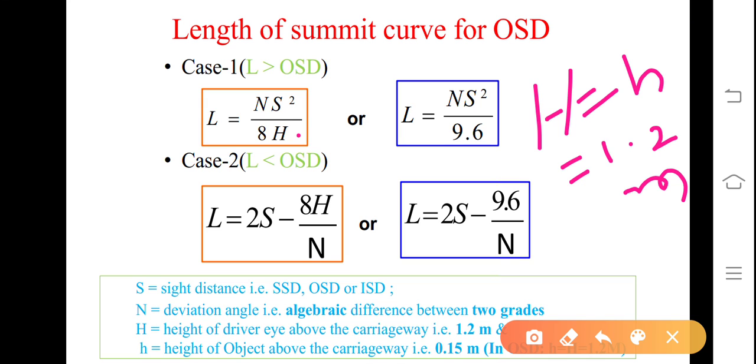Therefore, if you substitute that, 1.2 multiplied by 8 is 9.6, and L = N S squared by 9.6. Similarly, L = 2S minus 9.6 upon N, where S is the overtaking sight distance, L is the length of the summit curve, N is the deviation angle, and h is the height of the driver's eye, which is equal to the height of the object above the pavement, that is 1.2 meter as per IRC.